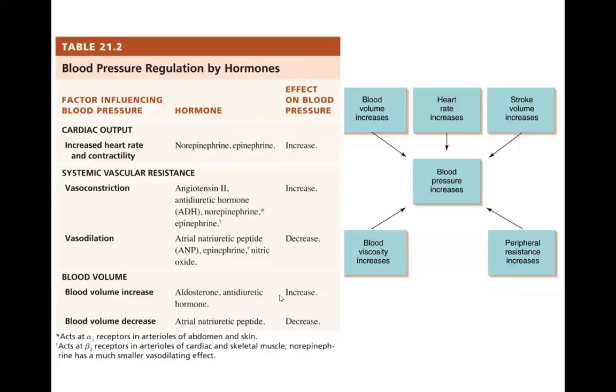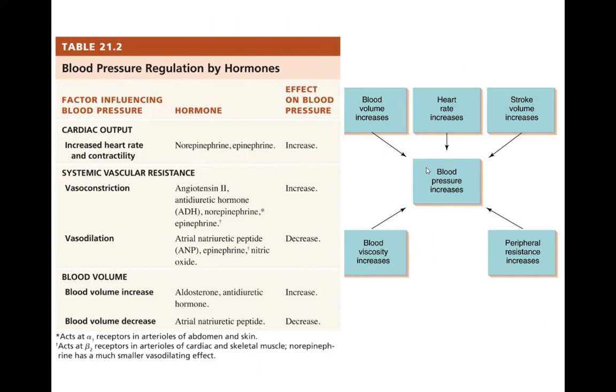Now, if those things didn't make any sense for you, maybe table 121.2 will help you understand exactly which hormones increase versus which hormones decrease your blood pressure. And I like the table because it breaks it down by whether it's influencing cardiac output, influencing vascular resistance, or altering your blood volume.